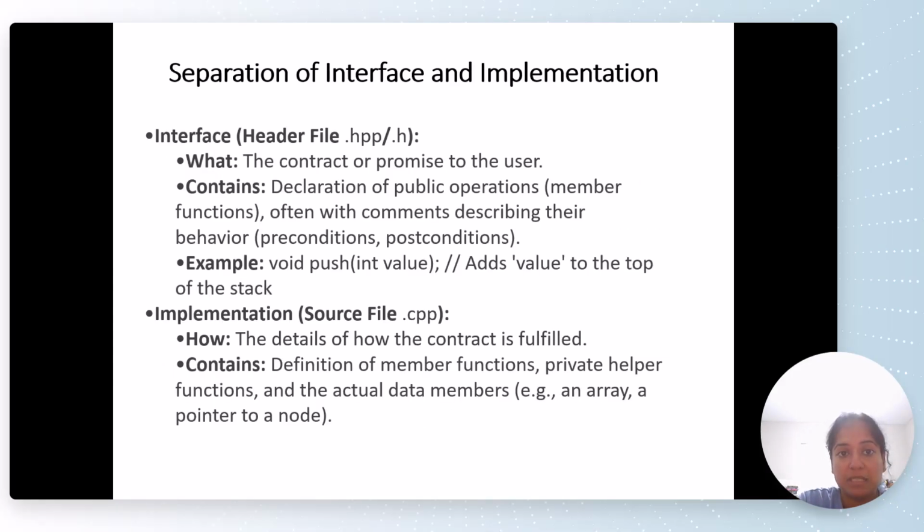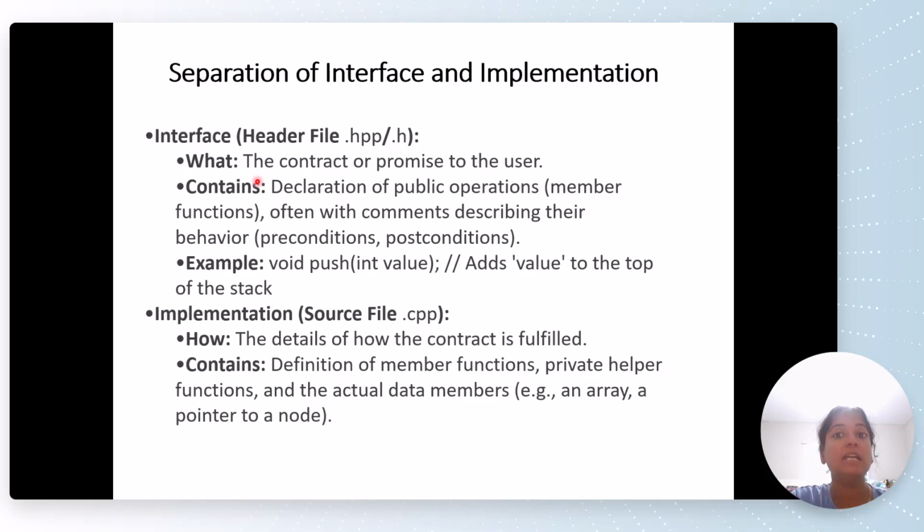In C++, we create this interface and implementation by using two files. One is the header file and one is the implementation file. The header file has the extension of .h or .hpp, which defines what it will do.